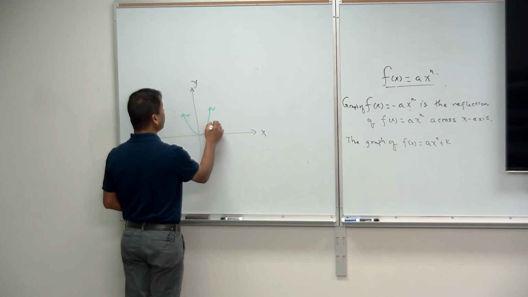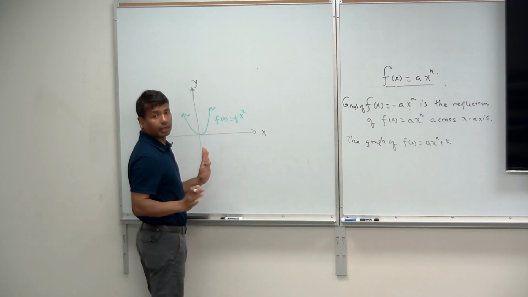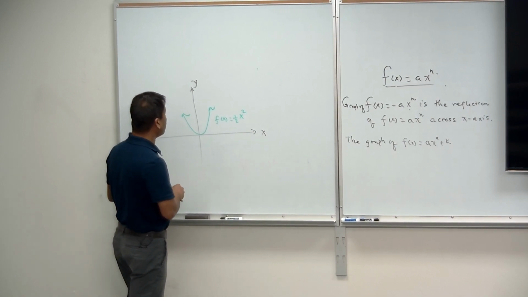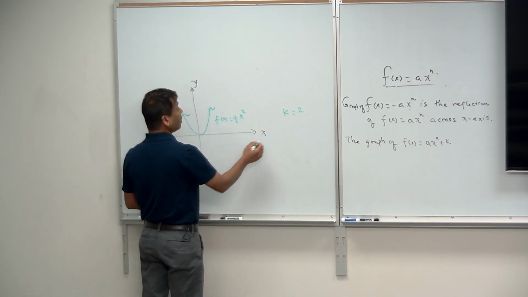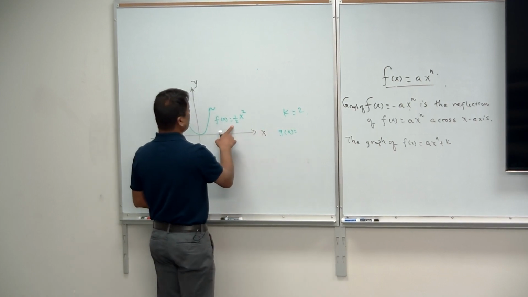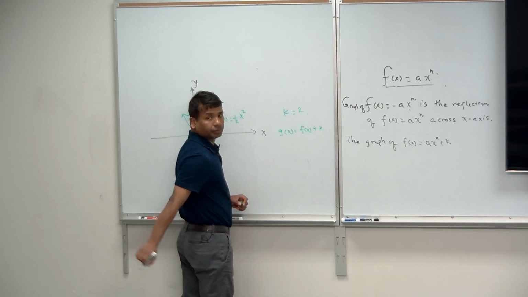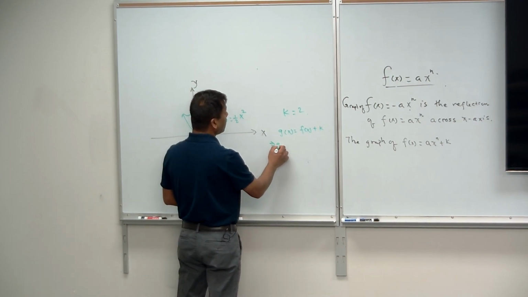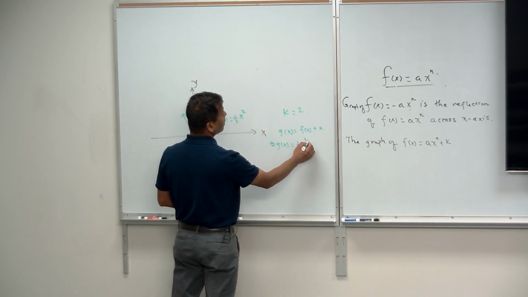And now if you want to shift this, let's say the value of k is 2, now the graph of g(x) = f(x) + k. This is the same as g(x) = half x squared + k.